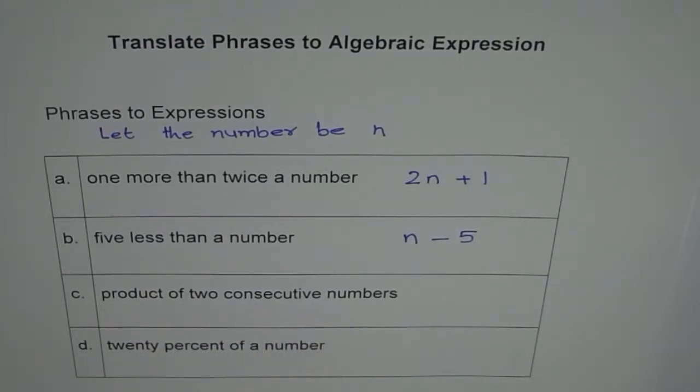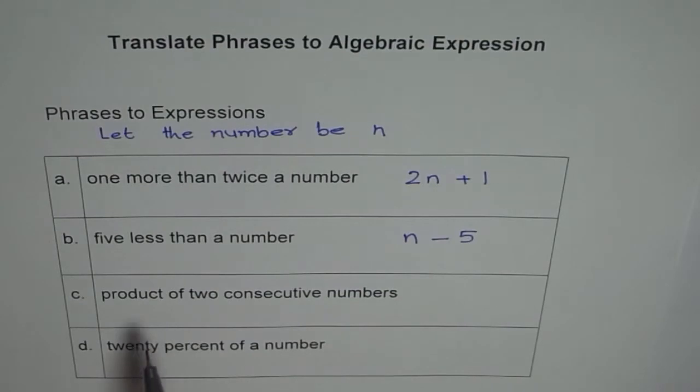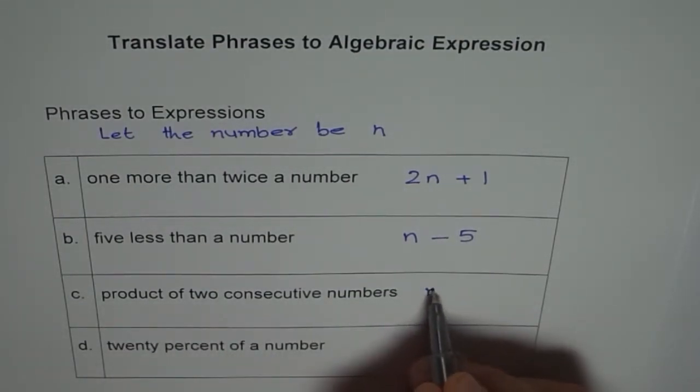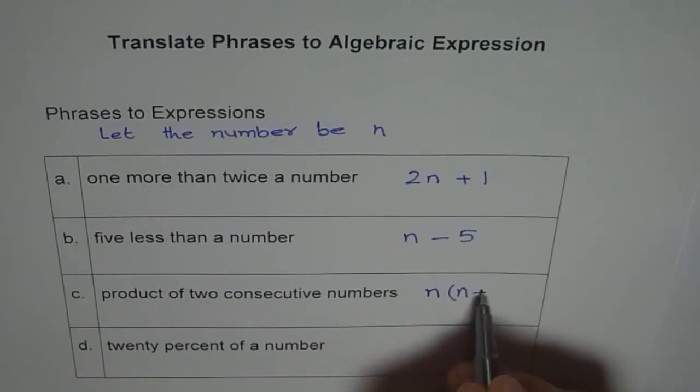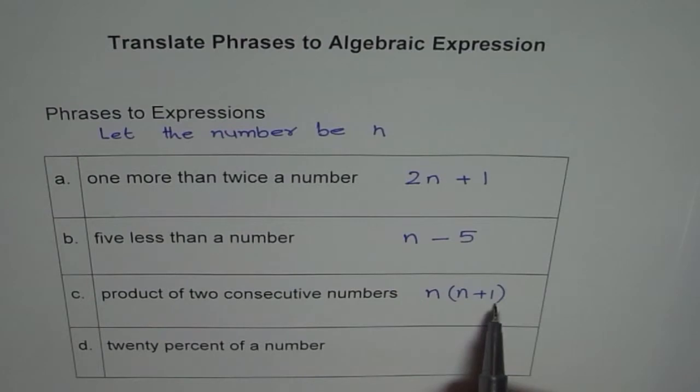So what are my two consecutive numbers? If one is n, the other one has to be n plus 1, okay? And product means you have to multiply them. So it is n times n plus 1, right? There is no need to write times or dot in between. If we don't write anything, then it is understood that it is n times n plus 1, okay?